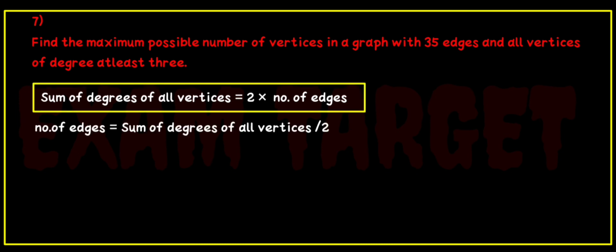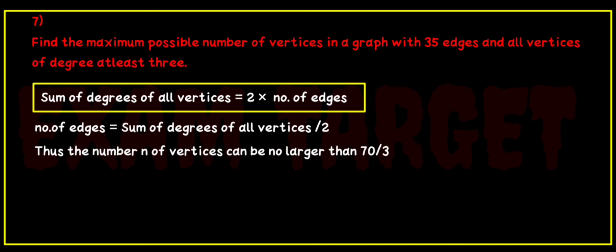The number of edges is one half the sum of the degrees. Thus, the number n of vertices can be no larger than 70/3. Since n is an integer, it can be no larger than 23.